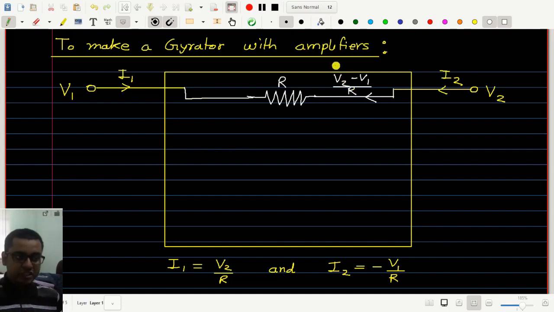So we will try to eliminate this term V2 by R somehow.